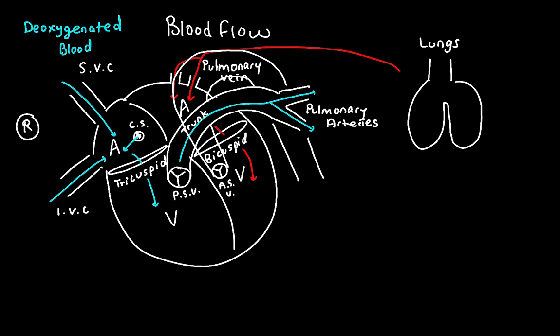So that's going to kind of cut out some more of our picture here, but we're going to go for it anyways. Okay, so anyway, we have coming up here our ascending aorta into our aortic arch, and coming off the aortic arch, then you're going to have three branches that are important to remember.